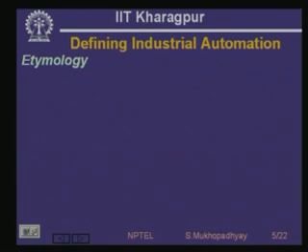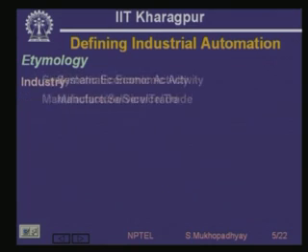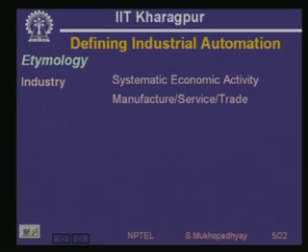So, what does industry mean? In a broad sense, an industry is nothing but a systematic economic activity. Now, economic activity means what? Economic activity may be related to manufacture, it may be related to service, or it may be related to trades.